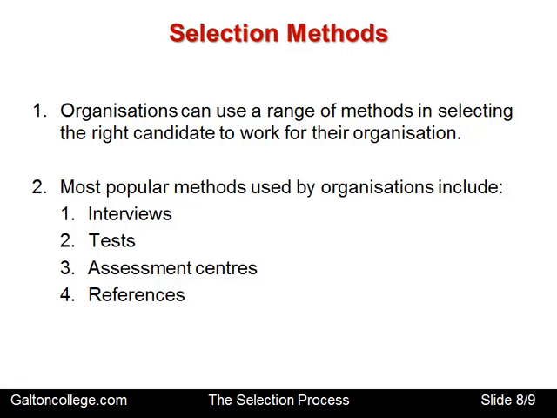They try to be as honest as possible in the reference, and the references are then used as a part of the selection process. That's all I'm going to deal with in this session.